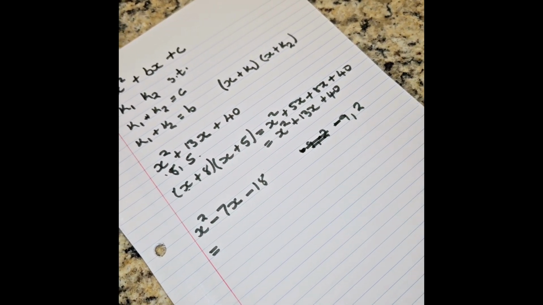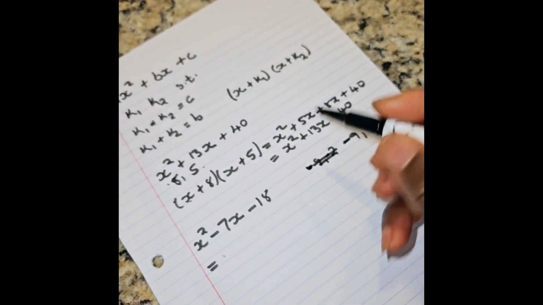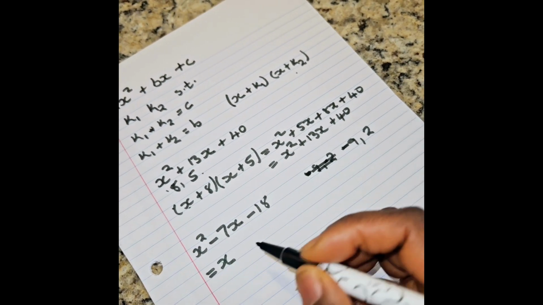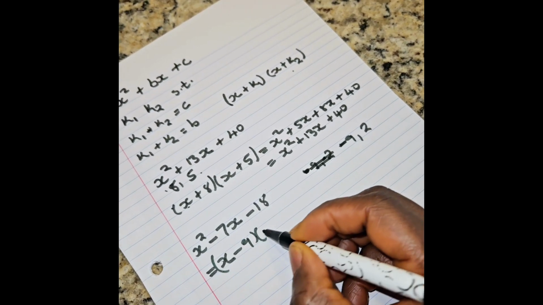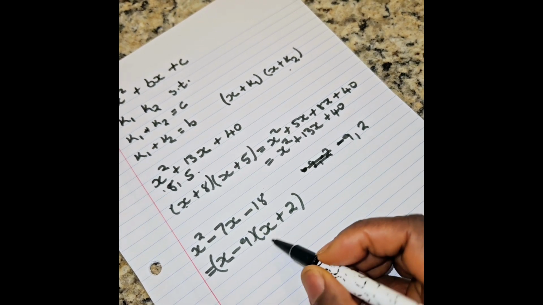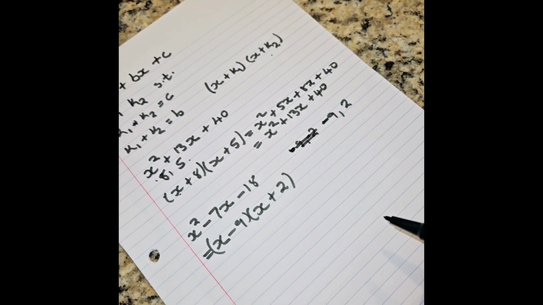You can choose any of them to be K1. So remember, this is what we are using. So that will be factorized as x minus 9 times x plus 2. And if I multiply this out, I will go back to this equation. That is how you factorize those.